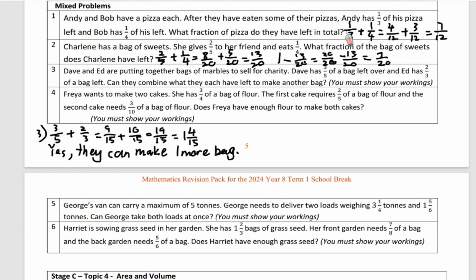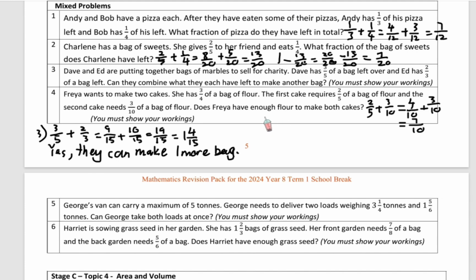So first we would need to add the amount of flour needed to make both cakes. So we will take 2 over 5 plus 3 over 10, which we will get 4 over 10 plus 3 over 10, which is 7 over 10.